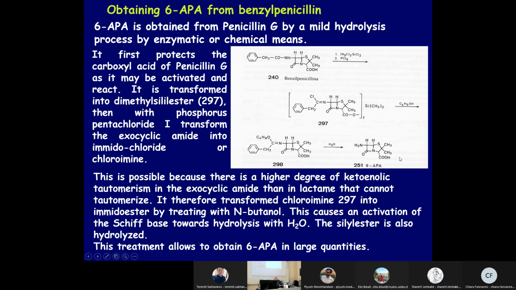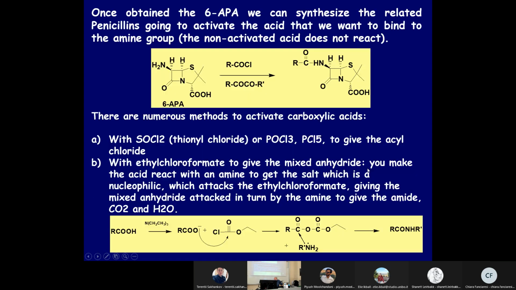When we have 6-aminopenicillinic acid, it's possible to transform it into different types of penicillins by activated carboxylic acid in order to change the structure of the side chain.